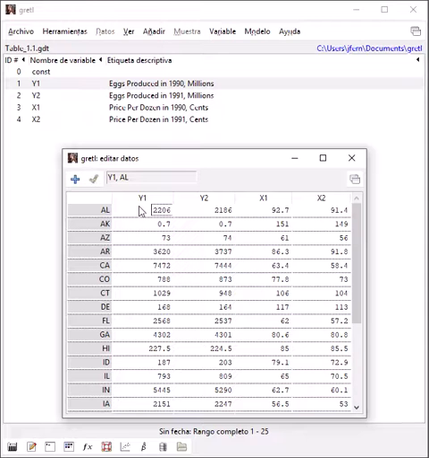More specifically, it is the eggs produced in 1990 and the eggs produced in 1991.